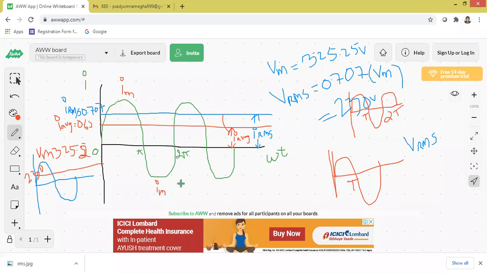Wherever a switch is present, how much voltage will get to your house? It is calculated by the government of India. So 230 volts, and the peak value is 325.25, but out of that only 230 volts is doing the real work. Understood, all of you? Okay.